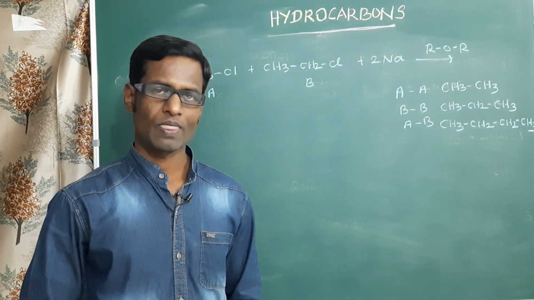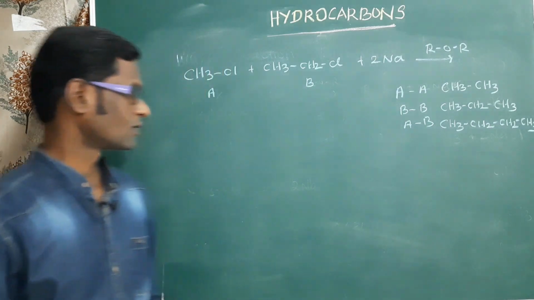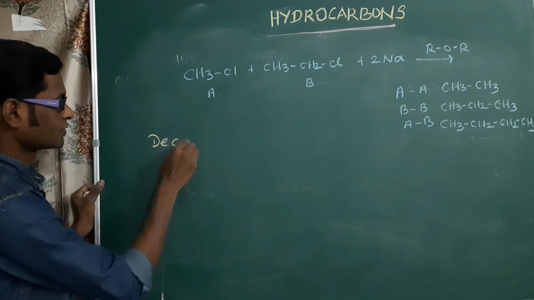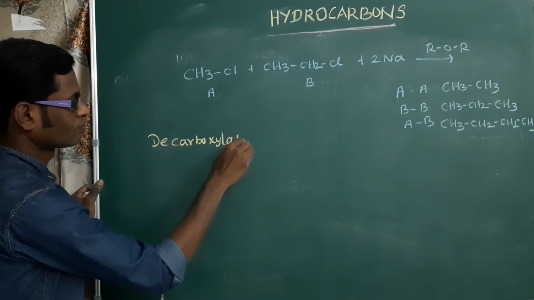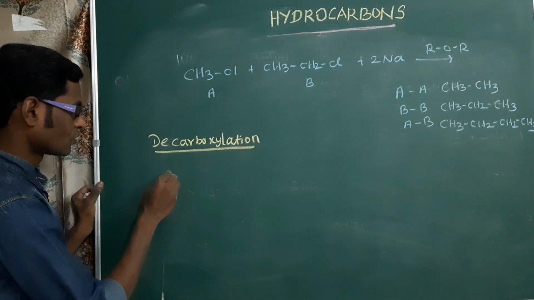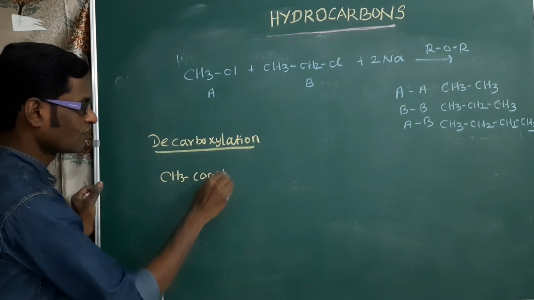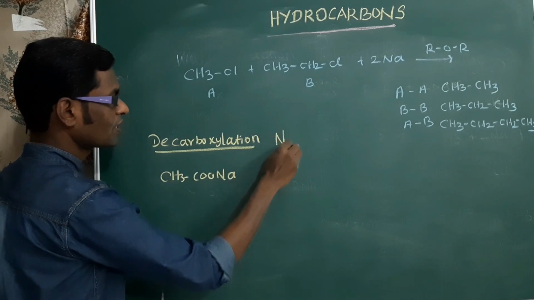Next method is preparation of alkane from carboxylic acid. This method is called decarboxylation reaction. We will take the sodium salt of ethanoic acid, CH3COONa, name of the compound sodium ethanoate, treated with soda lime.